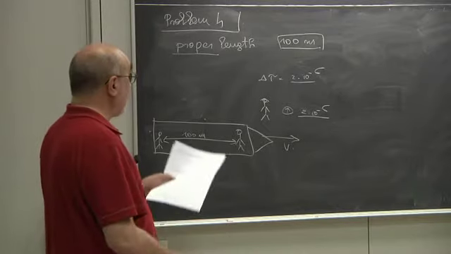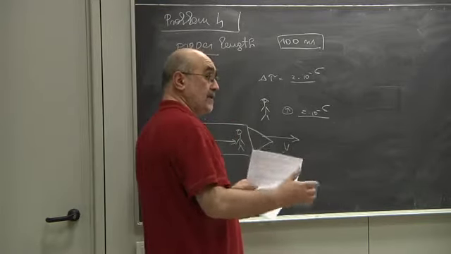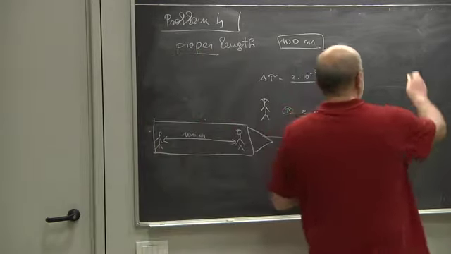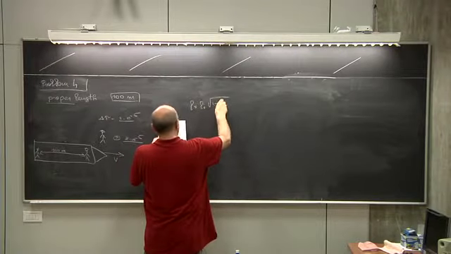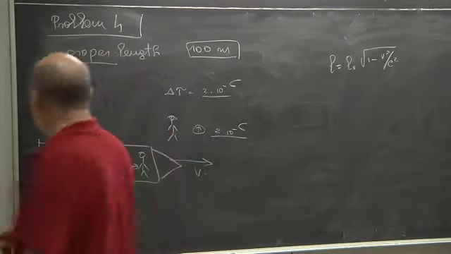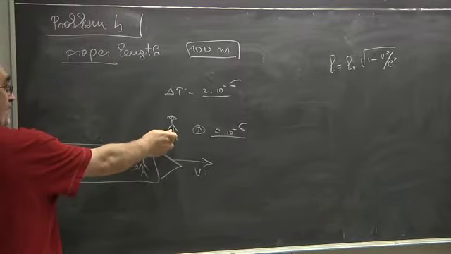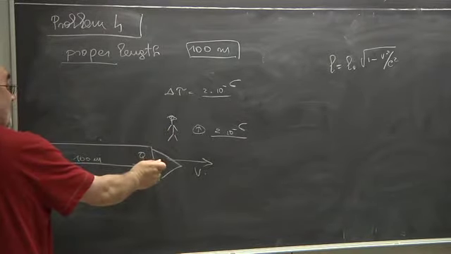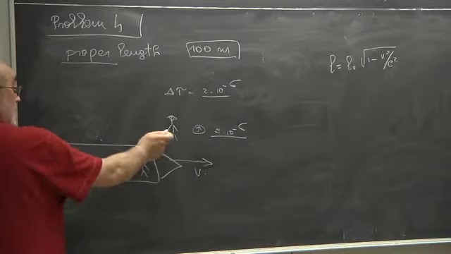Okay. Now, for sure, he will see a contracted length with respect to the proper length. So the length he sees is L0 times the square root of 1 minus V squared over c squared. Because you can imagine that if you consider this at rest, then from the other frame it is in a moving frame, and in a moving frame you see a contracted length.